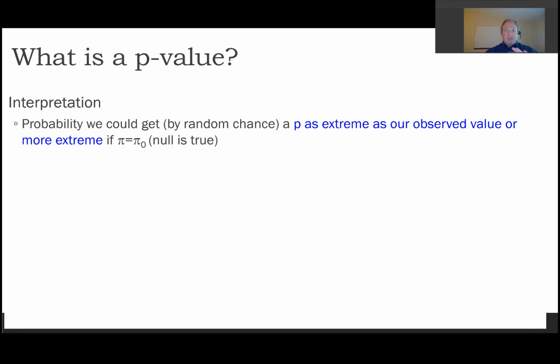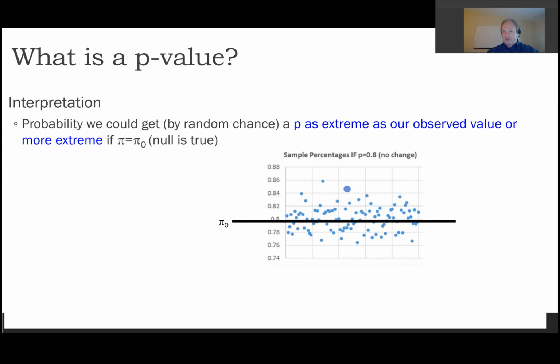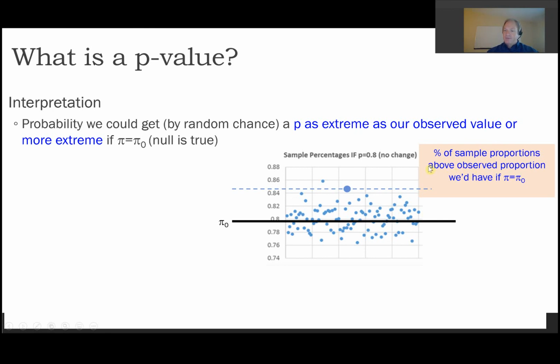And again, let's bring up that picture of the random scatter and morph it into the normal distribution to see how we can make sense of this. So this is that random scatter that we would expect to get. And this is our sample percentage, 85%. And the p-value is the percentage of sample proportions above 85% we'd see if the true population proportion was 80%.